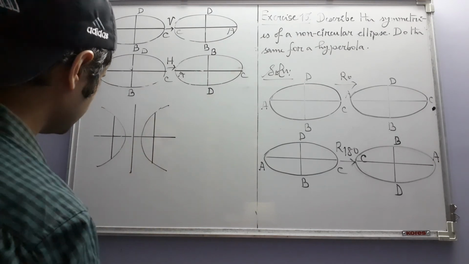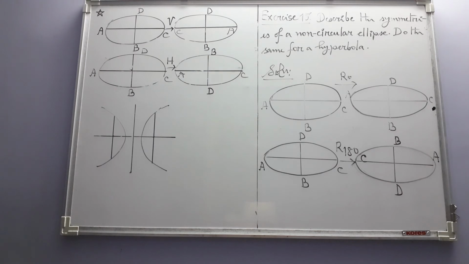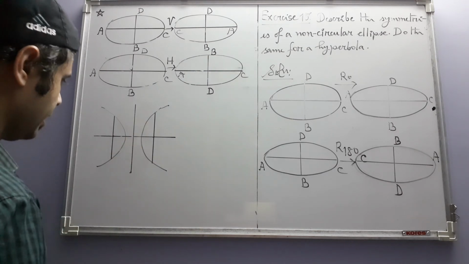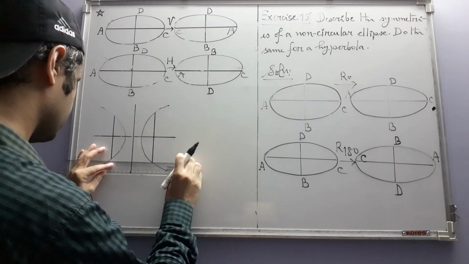So you draw these two perpendicular lines passing through the foci, and here the drawing is not okay.